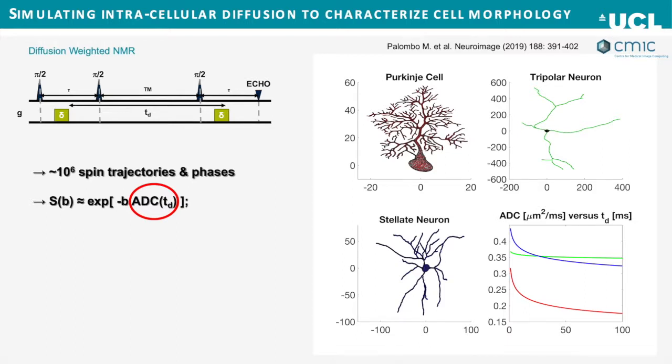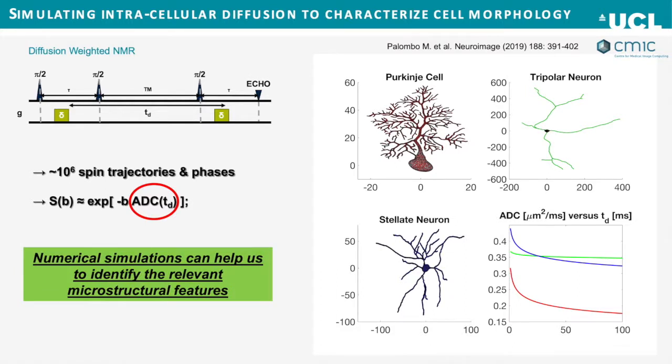And then perform Monte Carlo simulations of diffusion within these ultra-realistic structures. And we can clearly see here that if we measure the ADC at different diffusion times, these three very different cell morphologies have a very different impact on the measured ADC.